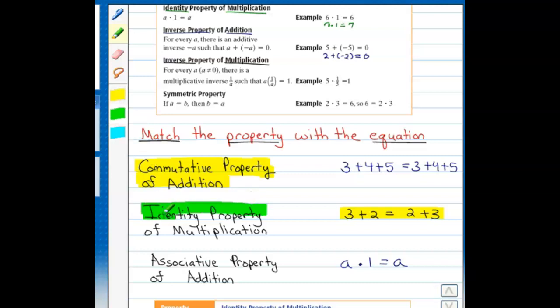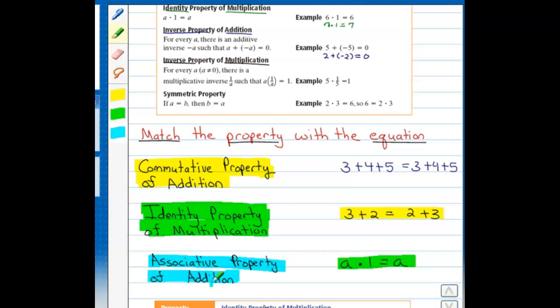The identity property of multiplication is A times 1 is equal to A. And last, the associative property of addition is this equation right here, because we can group together 3 plus 4, and then add 5, which is equal to 3 plus the group of 4 plus 5.